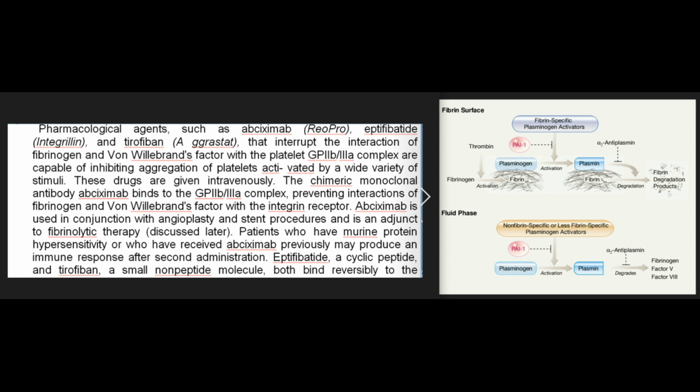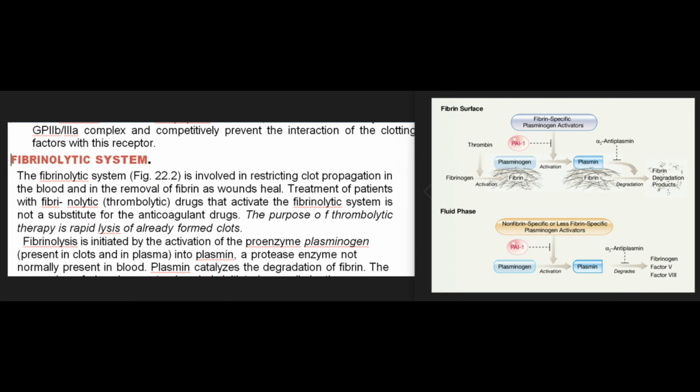Patients who have murine protein hypersensitivity or who have received abciximab previously may produce an immune response after second administration. Eptifibatide, a cyclic peptide, and tirofiban, a small nonpeptide molecule, both bind reversibly to the GPIIb/IIIa complex and competitively prevent the interaction of the clotting factors with this receptor.